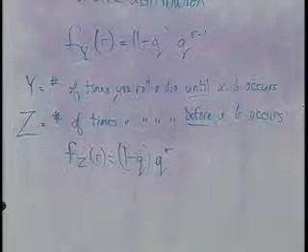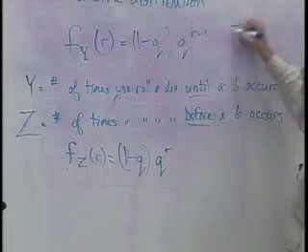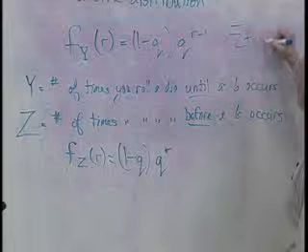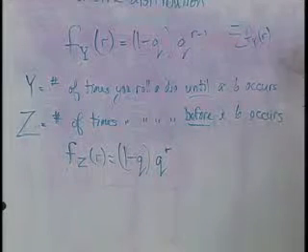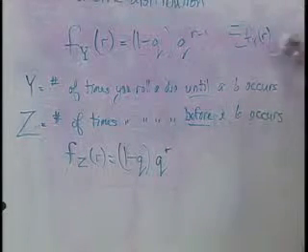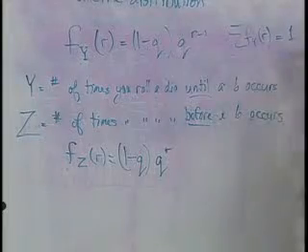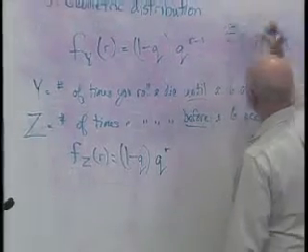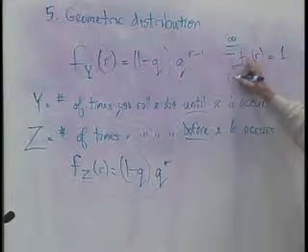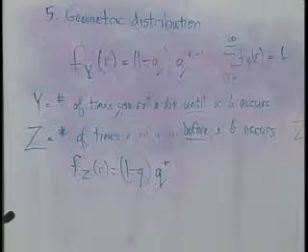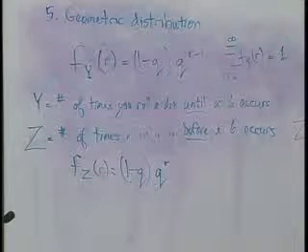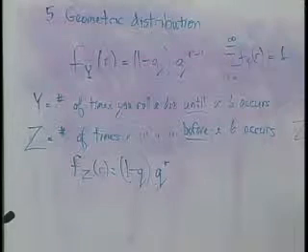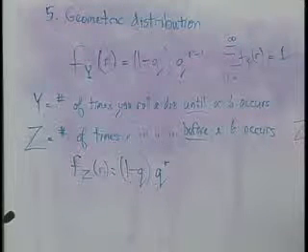Both these mass functions are proper. If I sum this one over the right limits, I get 1. But the smallest value of y here is 1, because you have to roll the die at least once to get a 6.